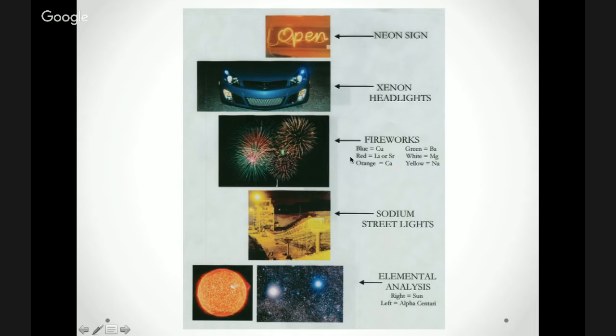Different fireworks, as you can see, have different elements giving them color. Here's an example with sodium streetlights. And elemental analysis in space, on the sun and stars, also using a sophisticated spectroscope, which basically takes the summation of all the light and breaks it down into the colored bands, will give us the ability to actually talk about what is present in this particular sample that they may be talking about.